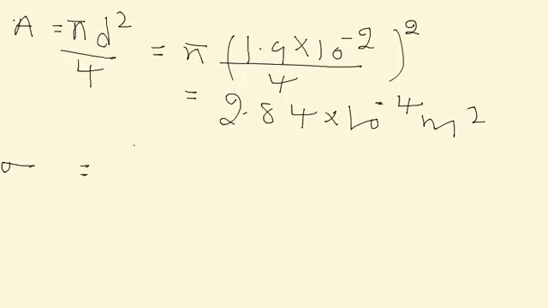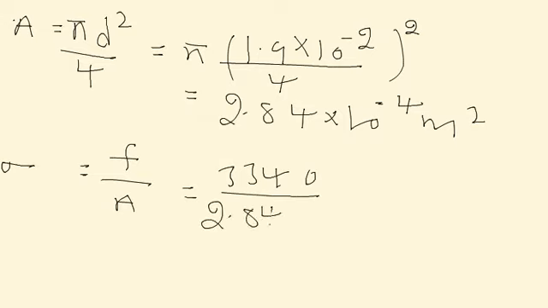Now we can apply this to get the stress. The stress is force over normal area, and we already know our force, which is 3,340 Newton, all over the normal area, which is 2.84 times 10 to the power of -4.